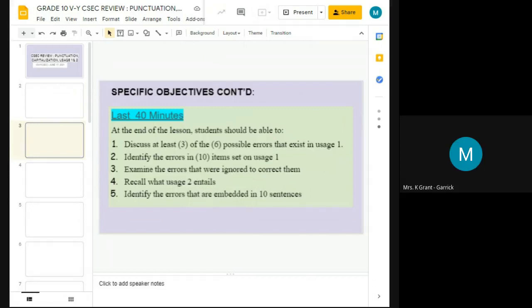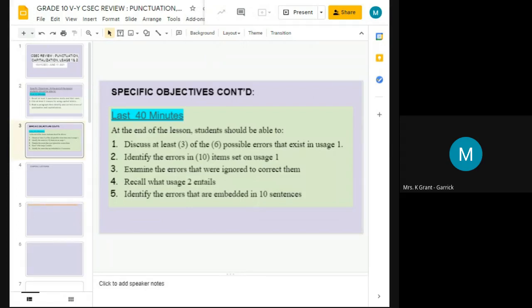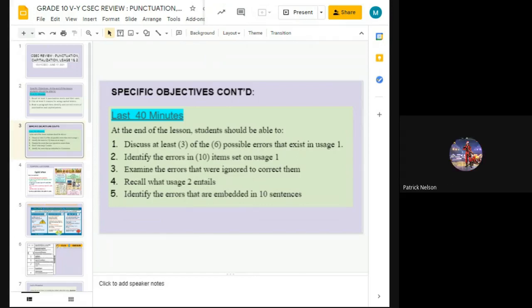And in the last couple of minutes, we want to be able to discuss at least 3 of the possible errors that exist in Usage 1, identify errors in 10 items set on Usage 1, and examine errors that were ignored to correct them, recall what Usage 2 entails, and identify the errors that are embedded in 10 sentences. So those are what we hope to accomplish for today.